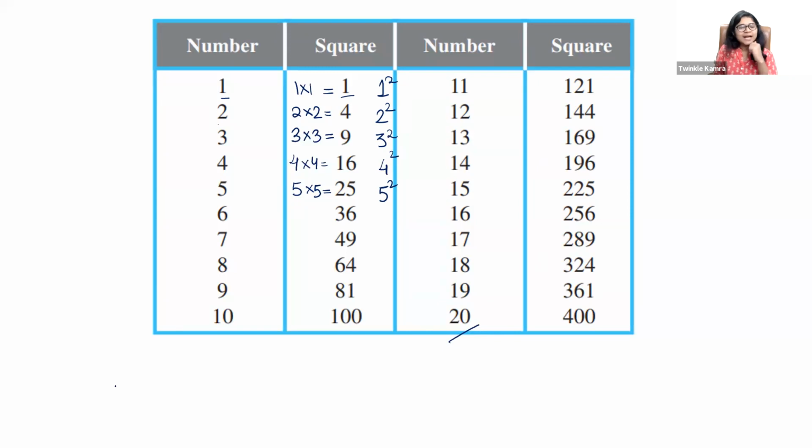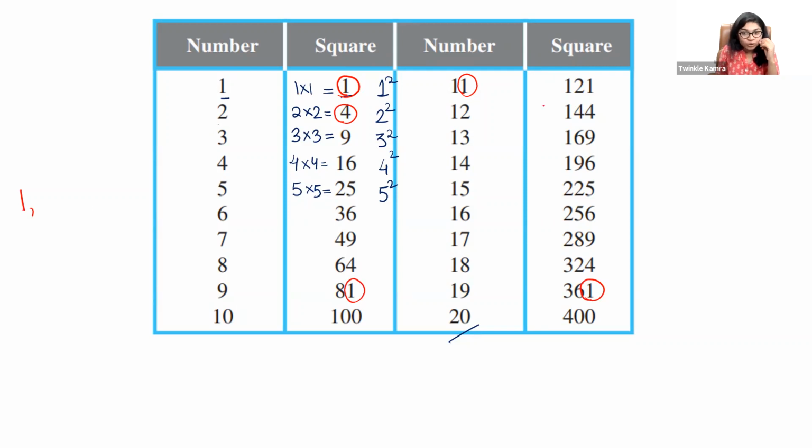Now if you observe one very important thing here, just note the last digits. Look at which digits the square numbers end with. I see 1 coming here, here, and here, so 1 is coming at the units place.